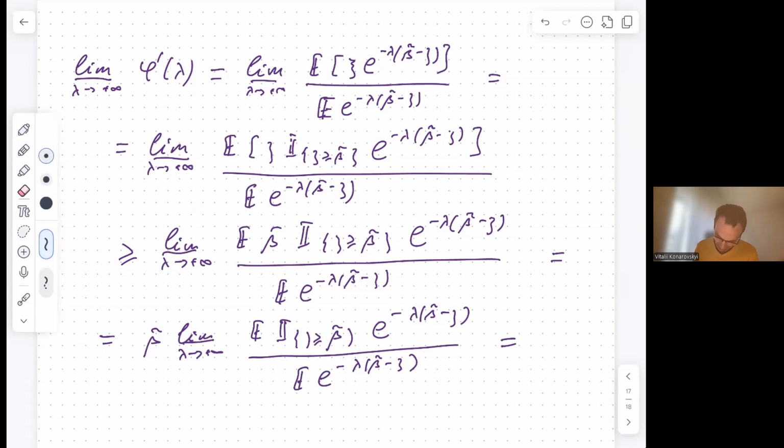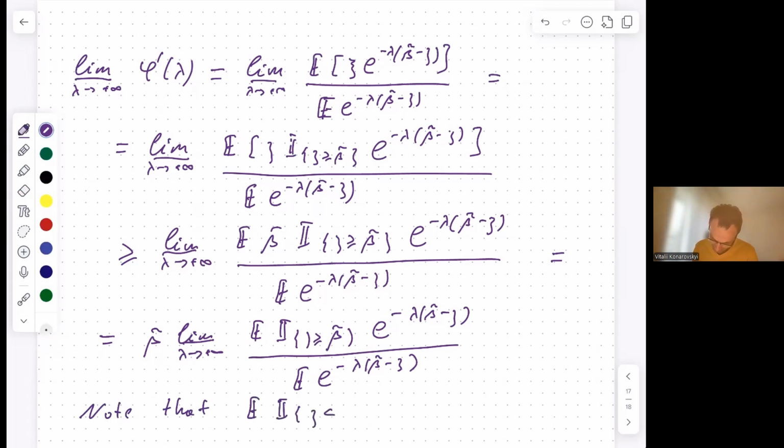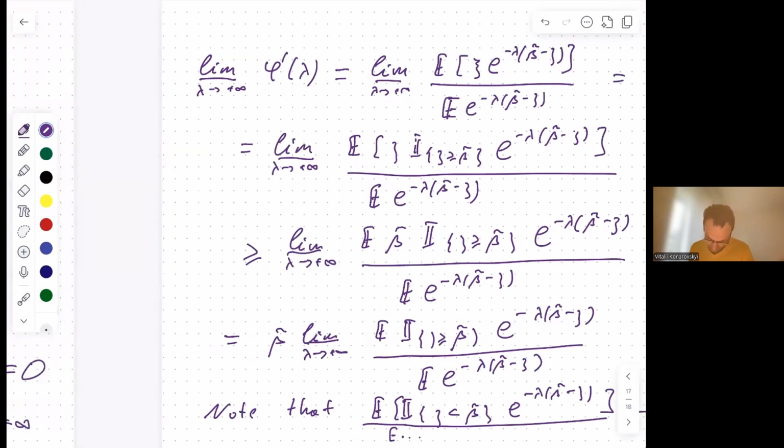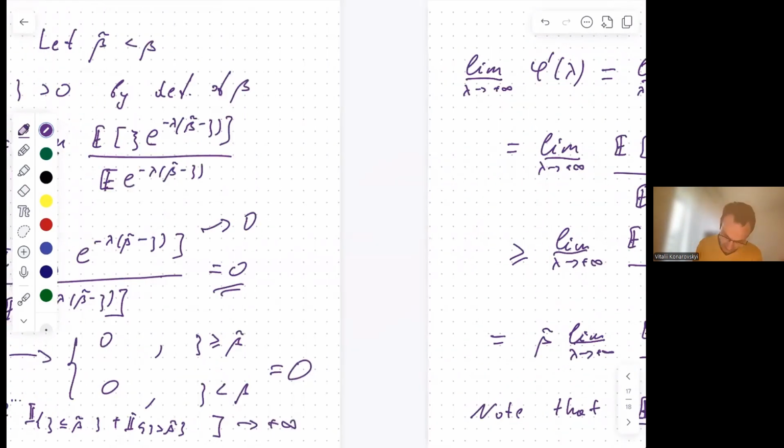And so let's note that the expectation of the indicator that ξ is less than β̃, e^(-λ(β̃ - ξ)), divided by the term, goes to 0. It is what was written here.